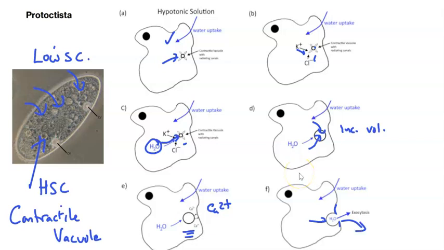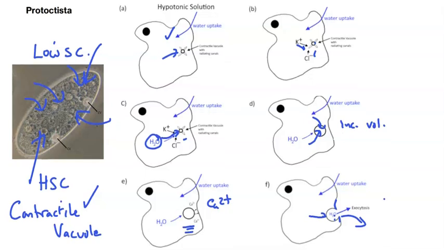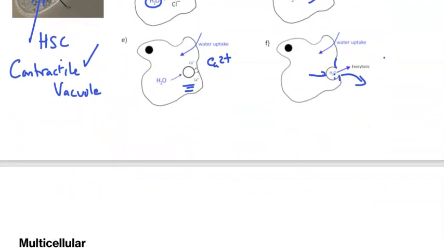So the incoming water to the protoctist cell is controlled by the contractile vacuole, by creating these vesicles that draw the extra water from the cytoplasm, and then the vesicle dumps that water to the external environment. So that's how a unicellular protoctist cell deals with that.